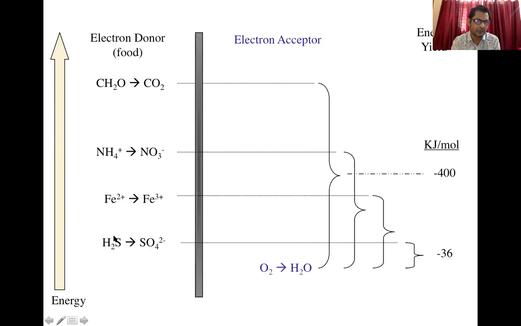So this reduced form converts into any oxidized form like sulfur or sulfate in the presence of oxygen, and the energy which is released is very low, like 36 kilojoule per mole. So very less energy. You understand, these organisms use different electron donors, but these reactions are not very favorable.